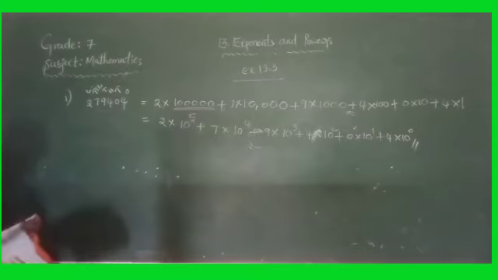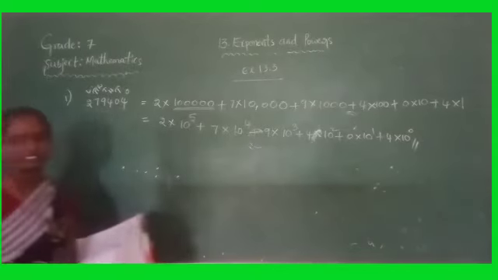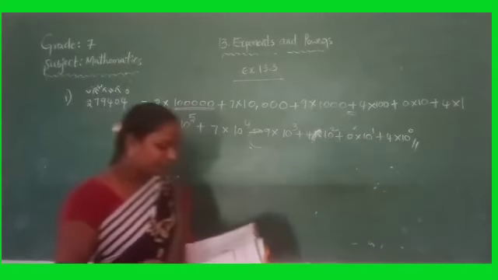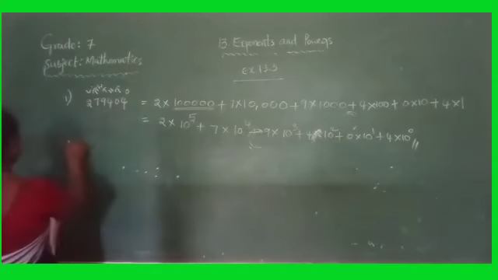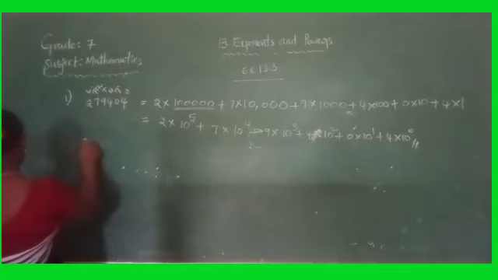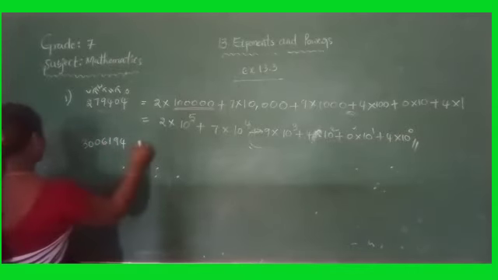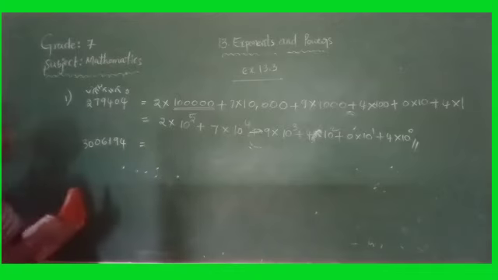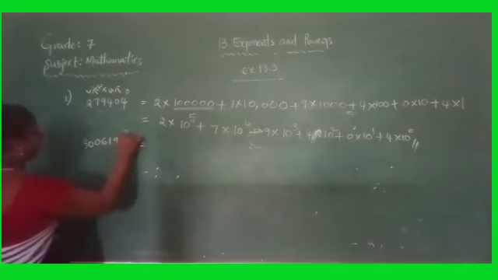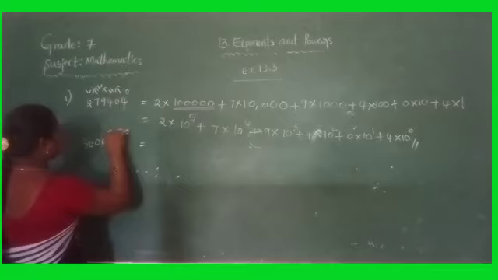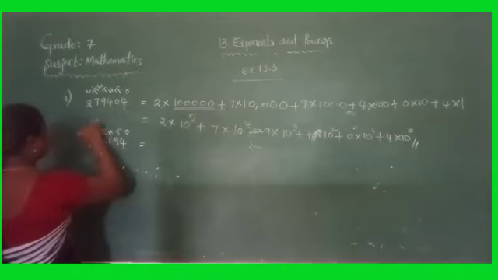So all these problems are very easy. One more problem I will tell you. Second one: 3006194. How do we write this? Same procedure. First give the place values: ones, tens, 100, 1000, 10,000, lakhs, 10 lakhs.